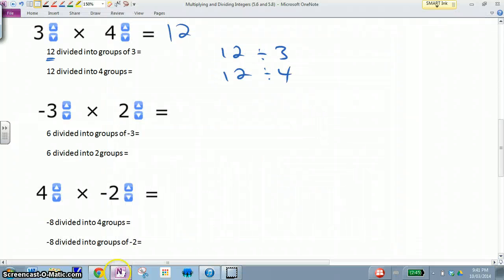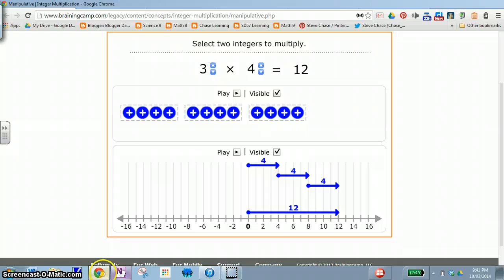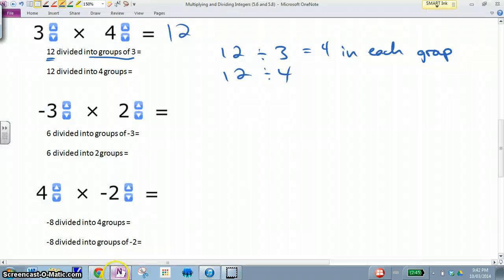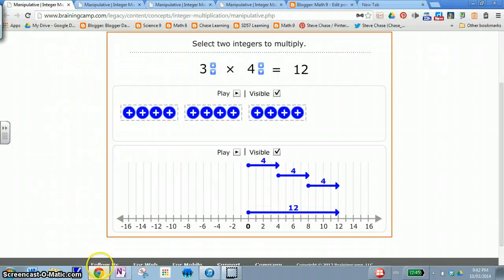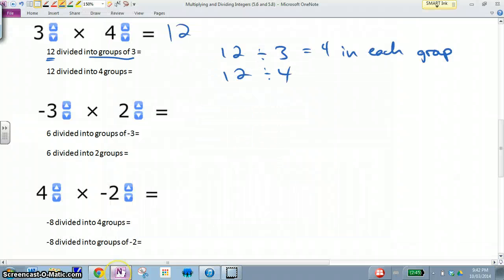So that's what I've written here. 12 divided into groups of 3 equals 4 in each group, as you see in the picture. Or 12 divided into groups of 4 equals 3 groups.